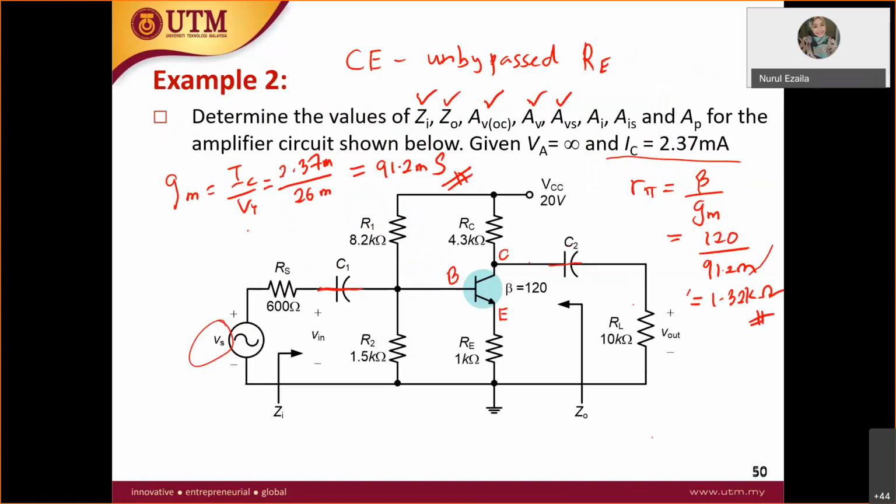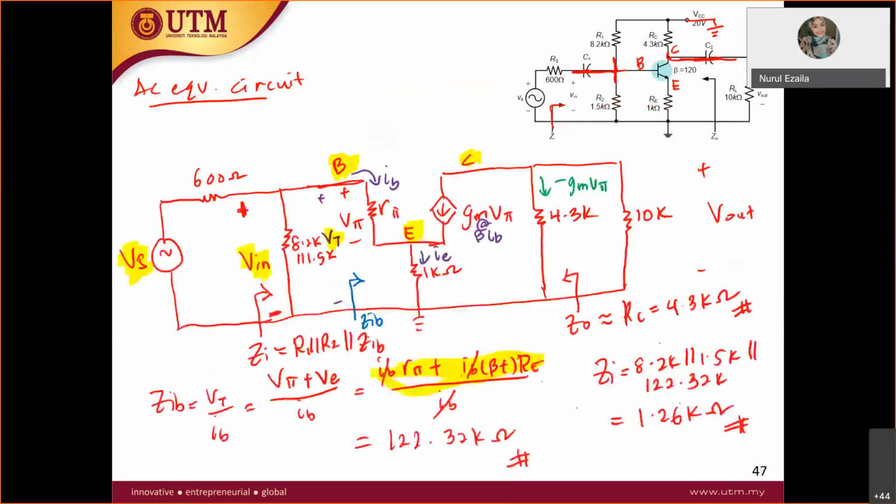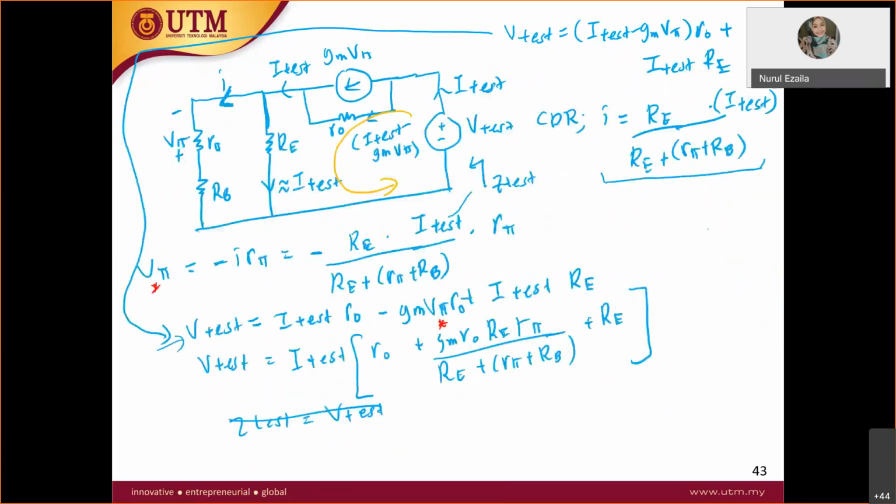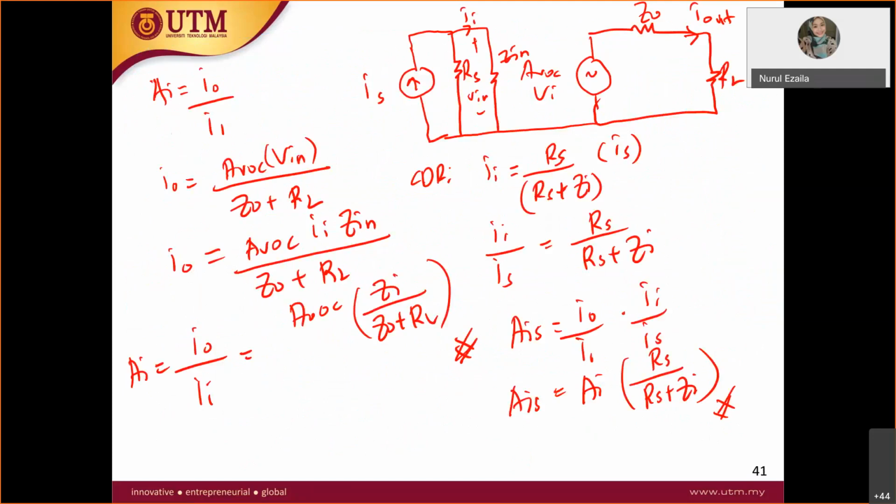And then for the AI and AIS, okay? So for the AI, of course, you can do the equivalent circuit, or you can actually do one by one if you want. So this derivation, I find I out from the transistor model circuit.